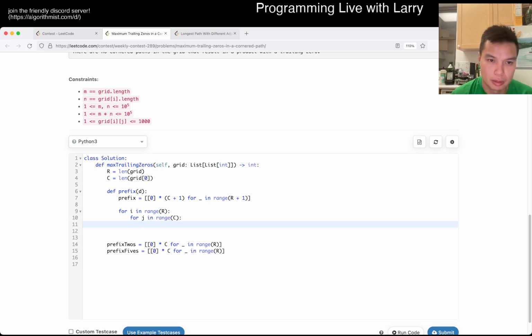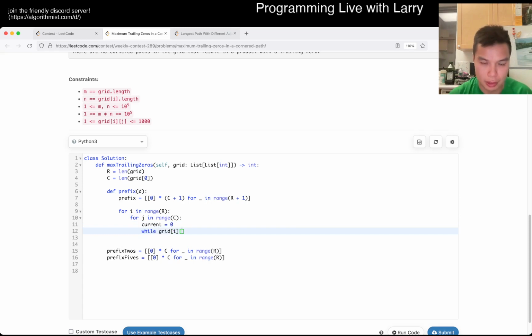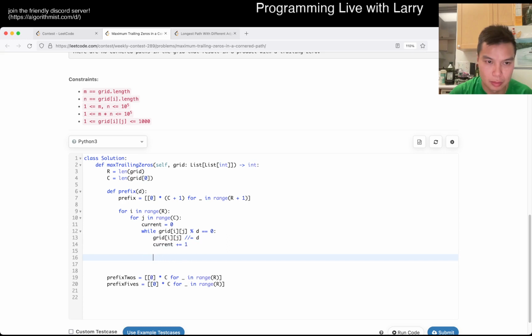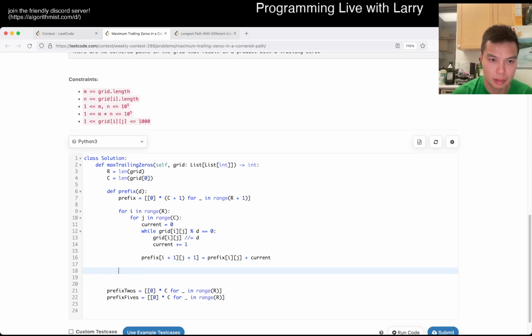Let's see. Is equal to 0 while grid of ij mod d is equal to. Okay.